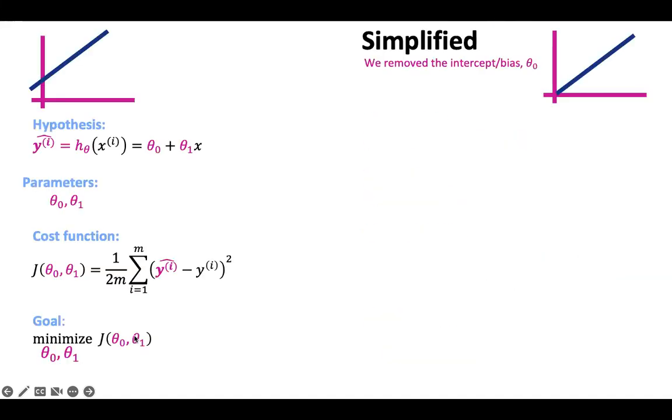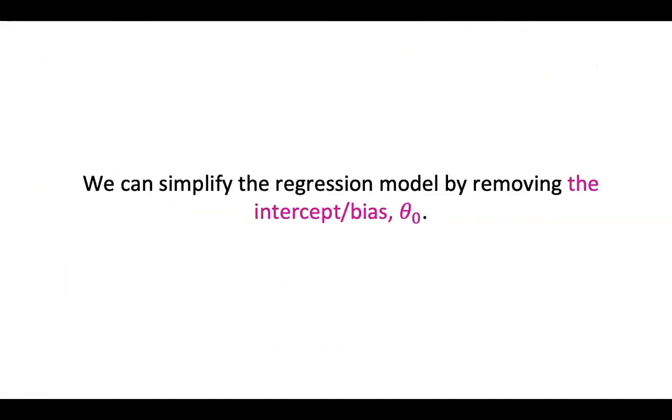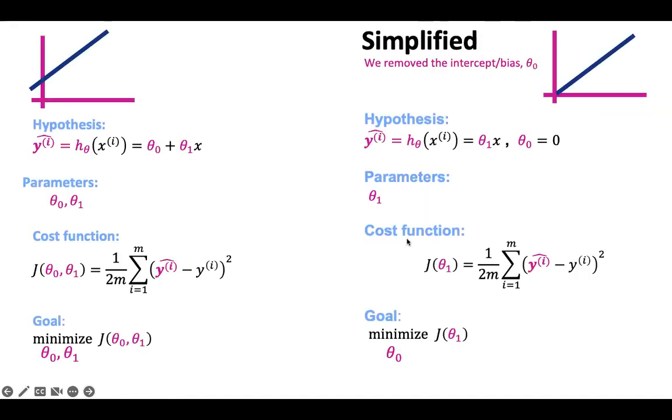So now, we can simplify the regression model by removing the intercept or bias theta 0. So if we have this model wherein we have the hypothesis y hat is equal to theta 0 and theta 1x, the parameters are theta 0 and theta 1.